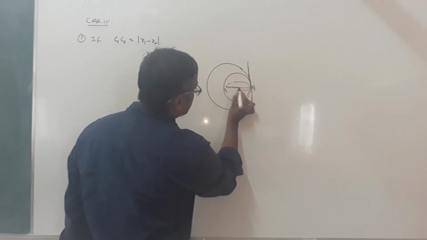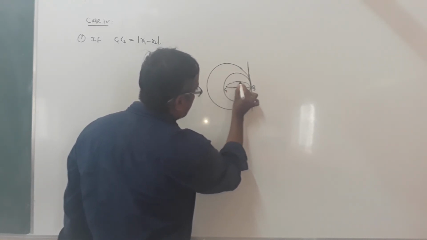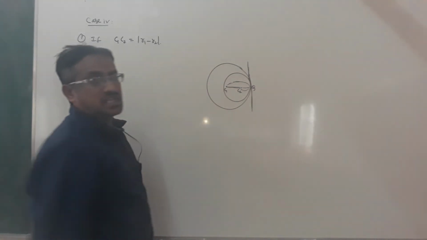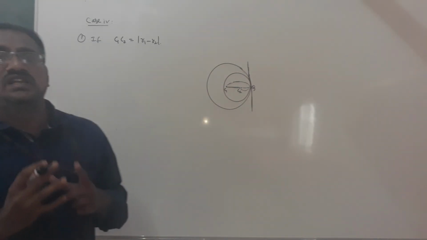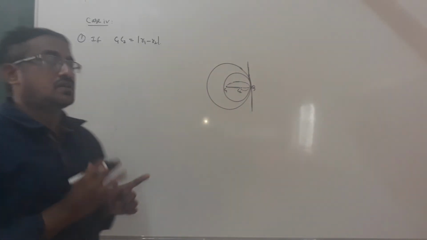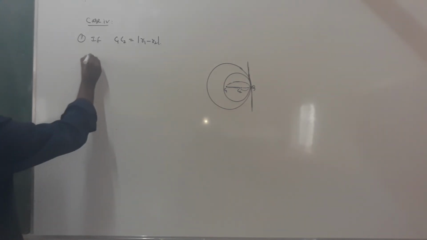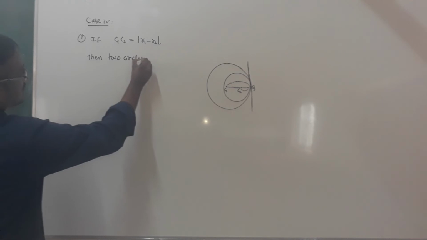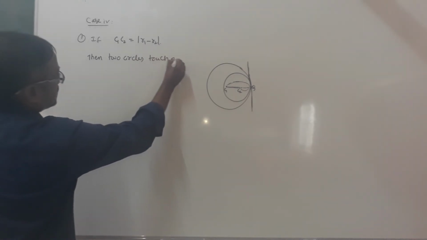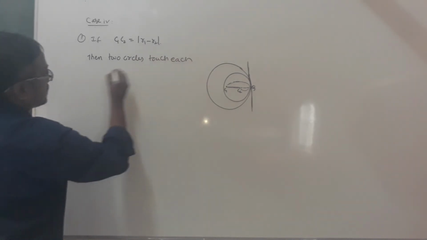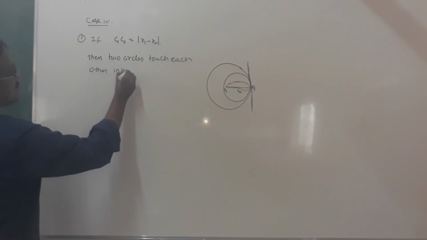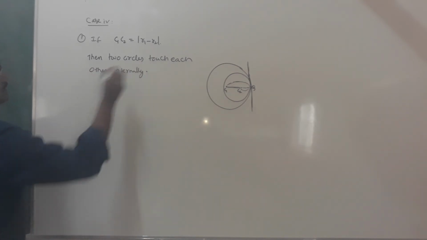So C1 C2 can be written as mod R1 minus R2. If you take R2 from R1, you will get C1 C2. So if C1 C2 is equal to mod R1 minus R2, then the two circles touch each other internally. Very, very important concept.